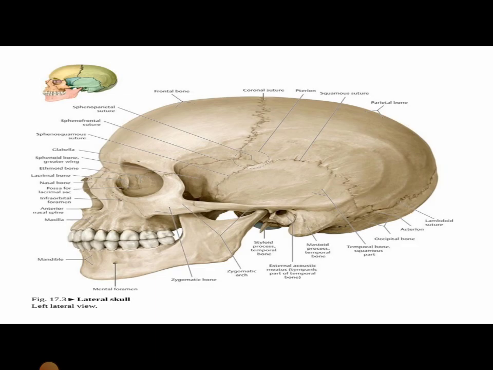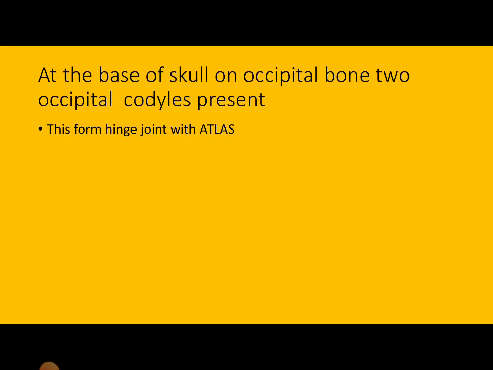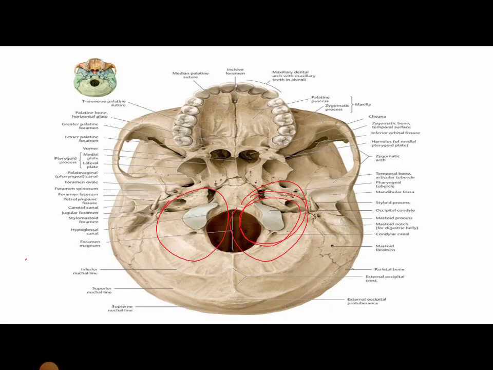This is a picture. Then, at the base of the skull on the occipital bone, two occipital condyles are present, as I described earlier. These form a hinge joint with the atlas that permits nodding movement. You can see these condyle processes.